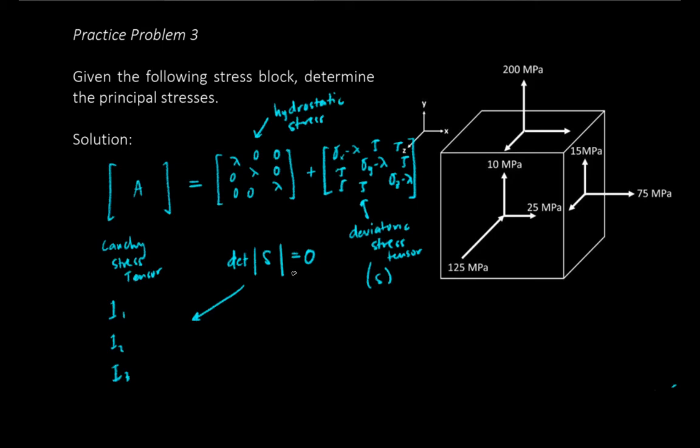The characteristic equation gives you the cubic equation, which involves the different invariants. So that is where that final equation comes from.